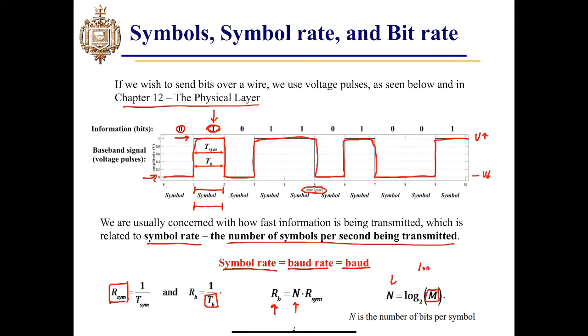If you take log 2 of 2, we can represent those two symbols using 1 bit, either a 0 or a 1. We're going to get into examples where we might have 4 symbols. Log 2 of 4 equals 2, so each symbol will have 2 bits represented per symbol. So the bit rate would be the number of bits per symbol times your symbol rate.